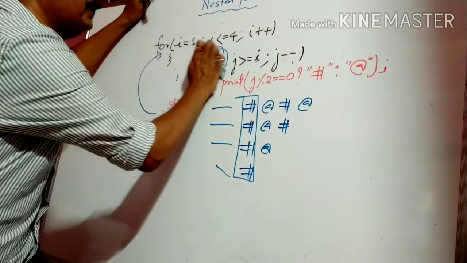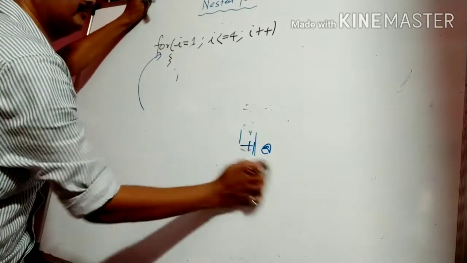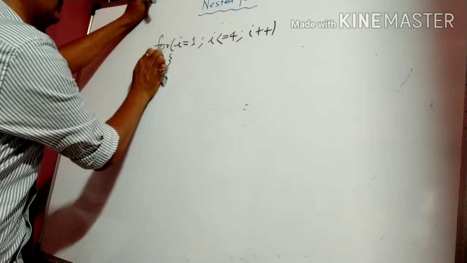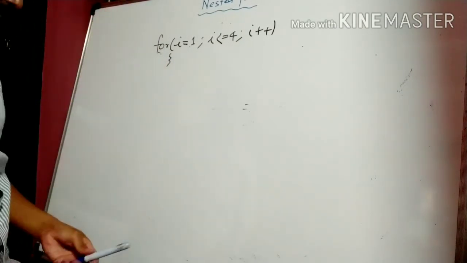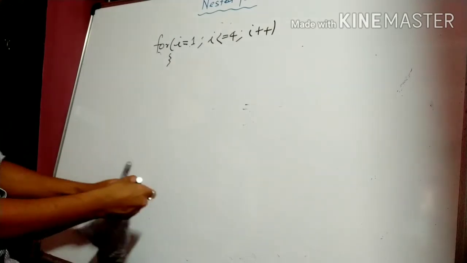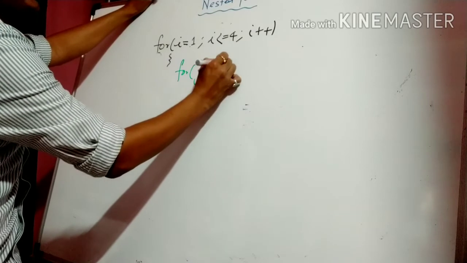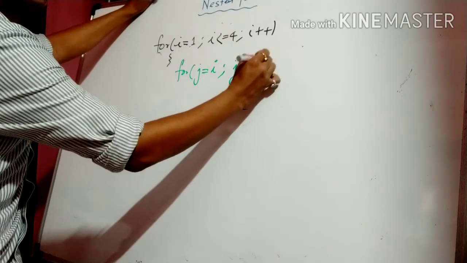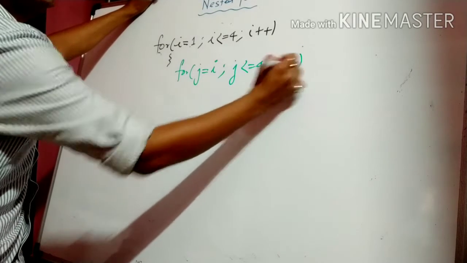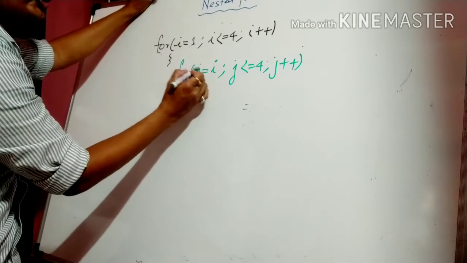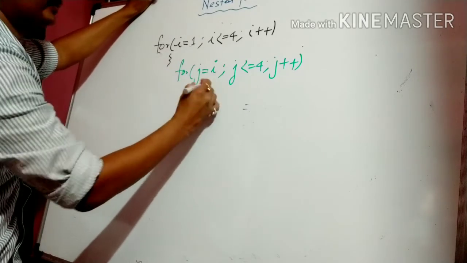In the next example, if you write here j is equal to i, j less than equal to 4 and j plus plus. This is i, which means each time j will change.